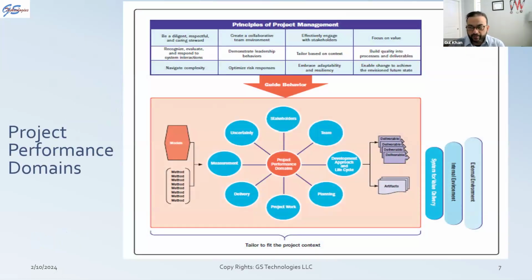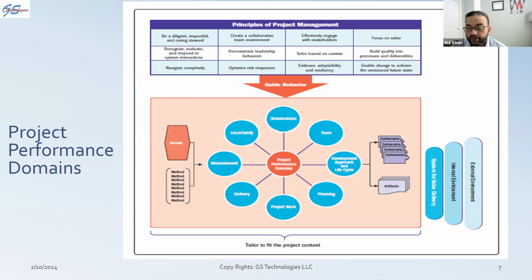We talked about this in the beginning as well, a little bit during my first lecture, but I wanted to keep it here and come back to it when we discuss the project performance indicators. With the performance domains that we talked about in the beginning, we have stakeholders, teams, development approach and life cycle, planning, project work, delivery, measurement, and uncertainty.